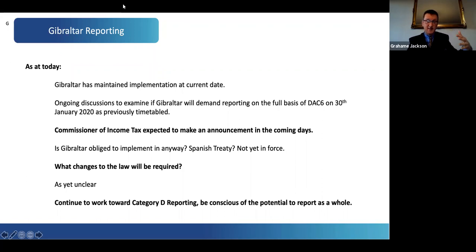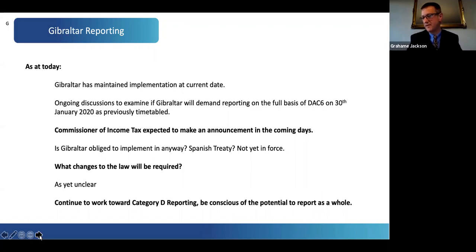So does that then mean that unless it's amended, the Gibraltar legislation is written in such a way that a Gibraltar intermediary who doesn't have a nexus anywhere else has no reporting obligation? That's not entirely clear. And if we did decide to either just do category D or do the whole thing, or we were unable to not do the whole thing, then that legislation needs to be amended. It hasn't been amended yet.